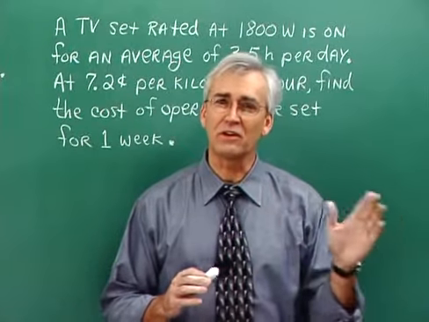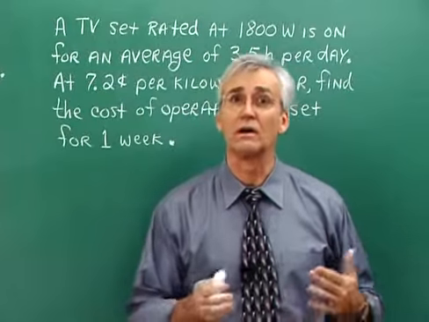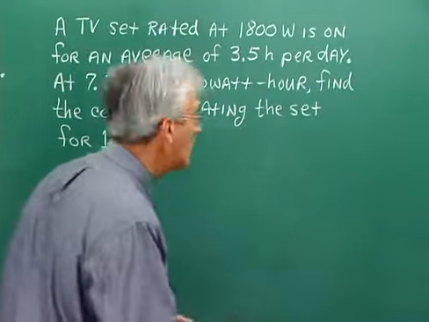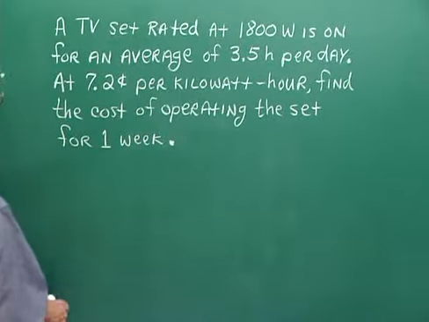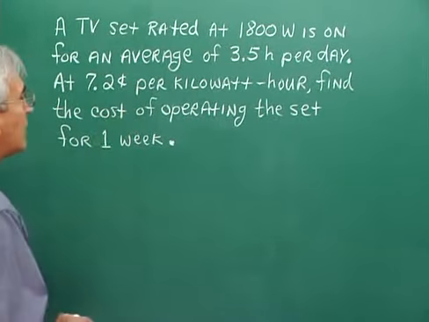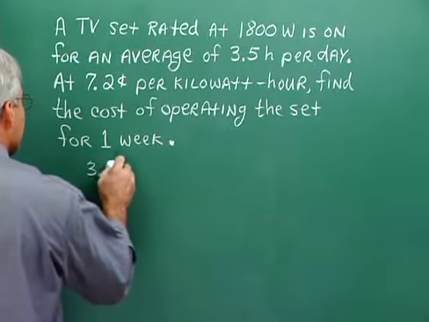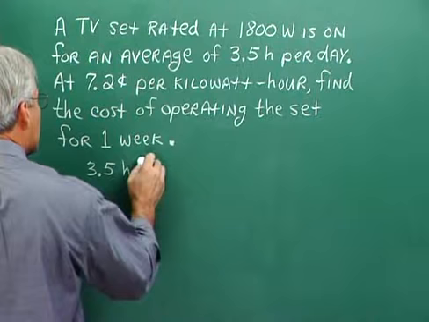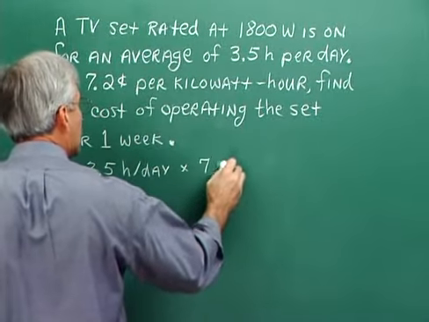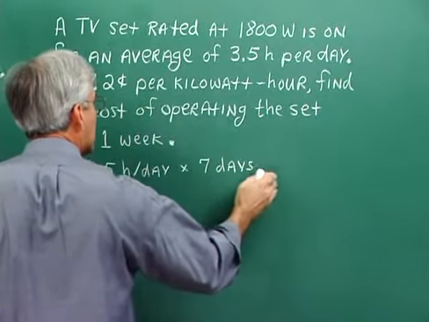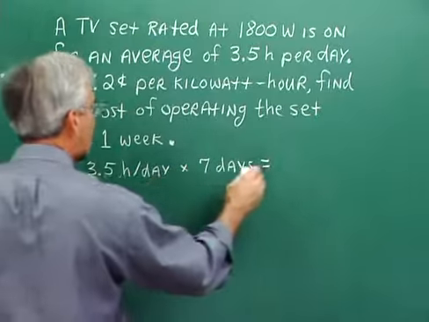And then we figure the total cost just by multiplying the cost per kilowatt hour times the number of kilowatt hours. Okay, so the idea was to figure the total amount of time the TV set is on for the whole week. For 1 week, it's on 3.5 hours per day, times 7 days. 7 times 3.5 is 24.5.